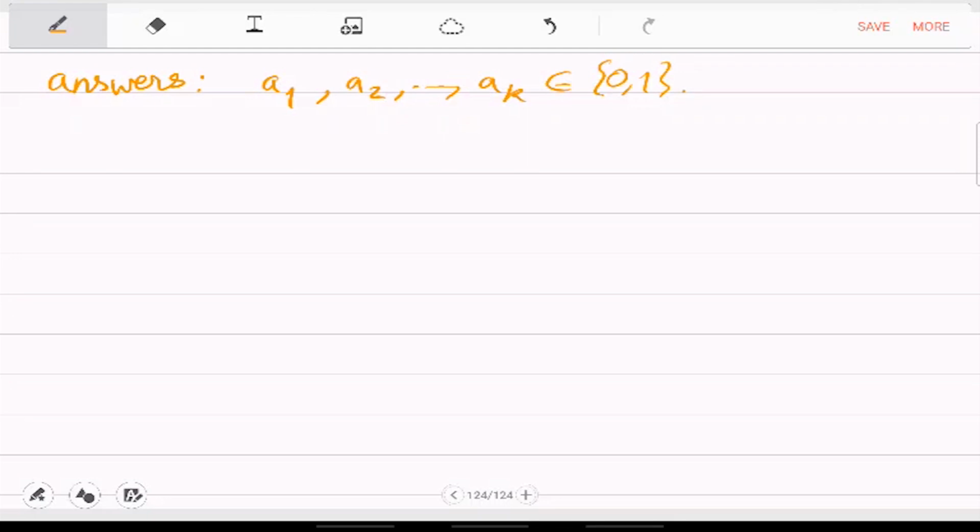Right, so these are the important things in the computation, in the execution path of N with input x.